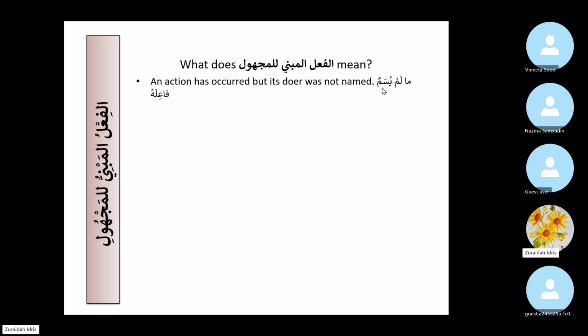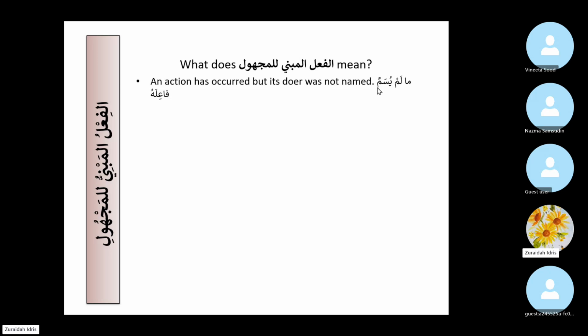The root letters are actually sin, mim, ya. So this is actually yusammiyu, let's put it that way, easier to understand. Yusammiyu, that's the original one. And then we will learn in a few slides how this became majhul. When you drop the ya, you maintain the harakah of the letter before it, but the ya disappears.